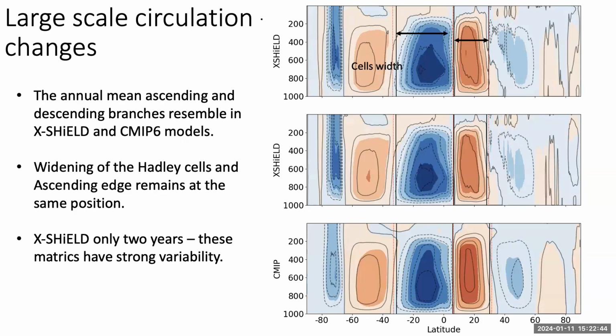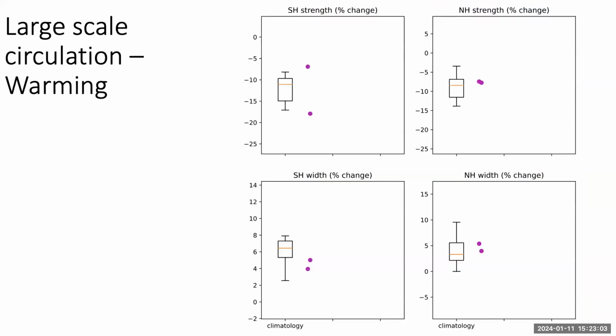It's not that surprising. Now, if we want to do a more quantitative analysis, let's say we want to look at the cell width changes compared to CMIP6 models and the cell strength changes, we can start and do something like this.